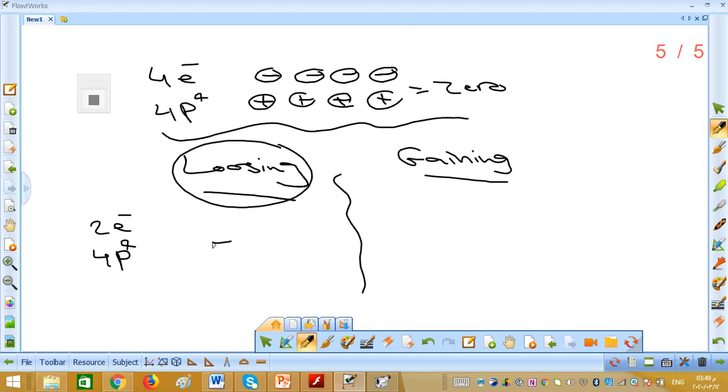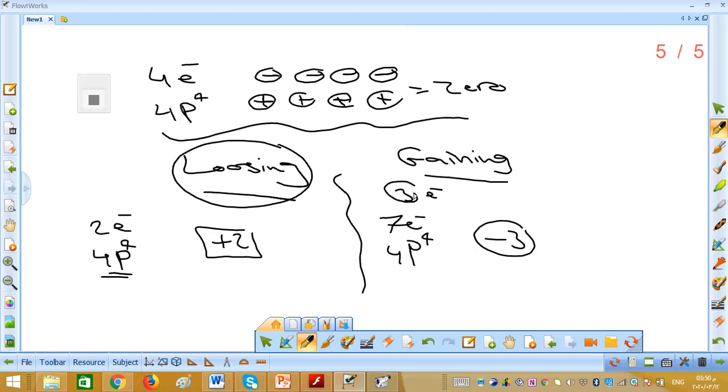So if it lost 2, the total charge will be positive 2. If it gains, for example, 3 electrons, we now have 7 electrons and 4 protons, so the total charge will be negative 3. So with gaining we have negative, and with losing we have positive.